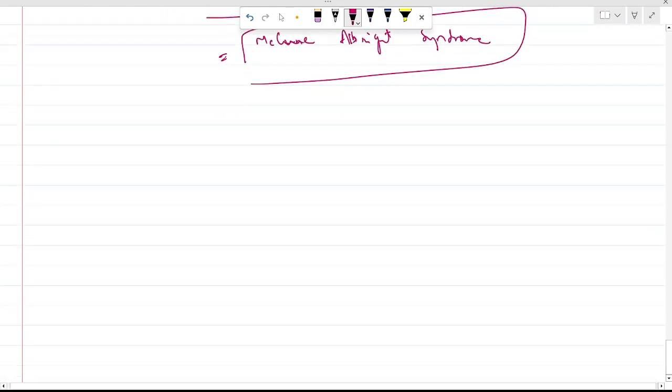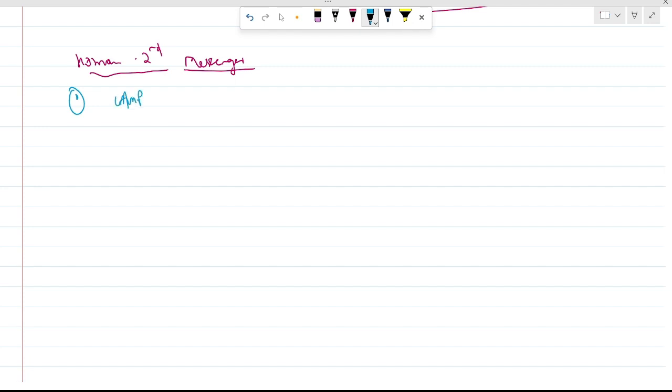So we are discussing this hormone second messenger system, and to discuss further some topics. First is cAMP. We are going to see some functions of cAMP. First is in metabolism.